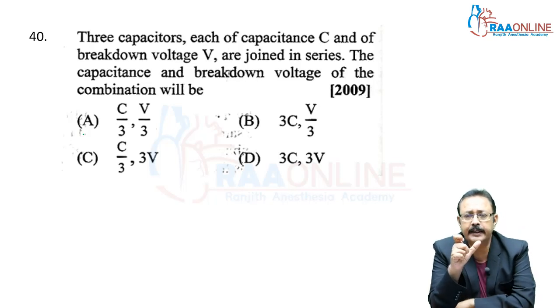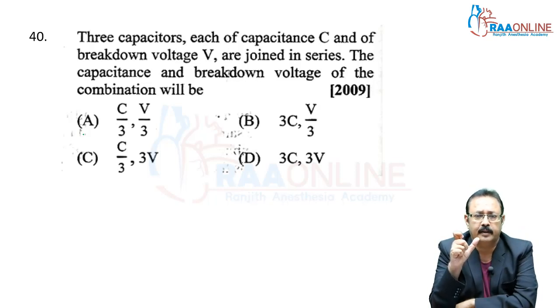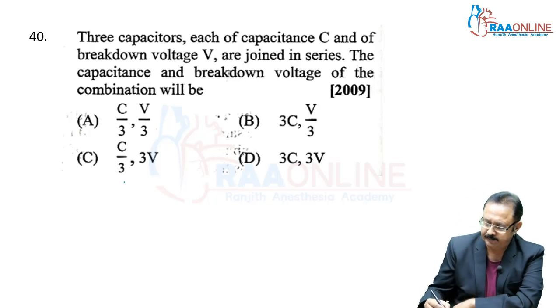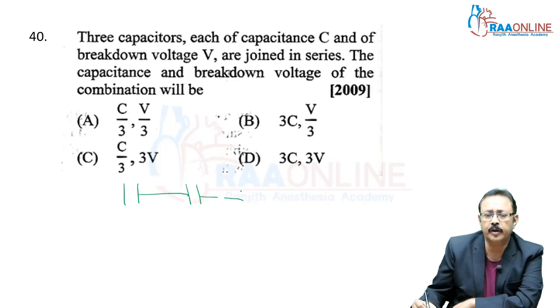If its capacity is C, it is given. We have 3 capacitors, joined in series. If they are joined in series, whatever total voltage you supply will divide in 3 parts according to capacity. But the capacity of each capacitor is the same.